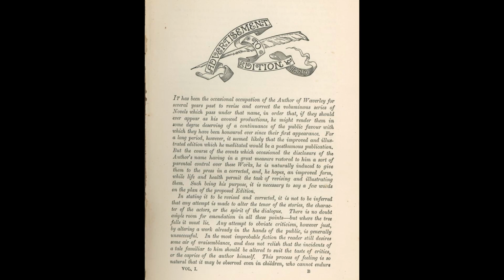It opens with the advertisement to the edition of 1829, which I don't know why this is at the beginning, because you'd think they'd start with the earliest or the latest, but it's not. Anyway, 1829 was a big edition, and he basically talks about how everybody now knows that he wrote it, and so he's tidied it up, because when he first wrote it, it was anonymous and nobody knew who it was, and there was a lot of speculation about who the author was.